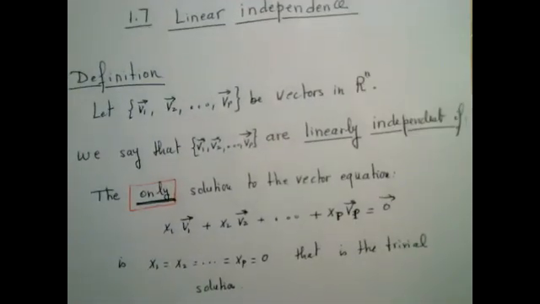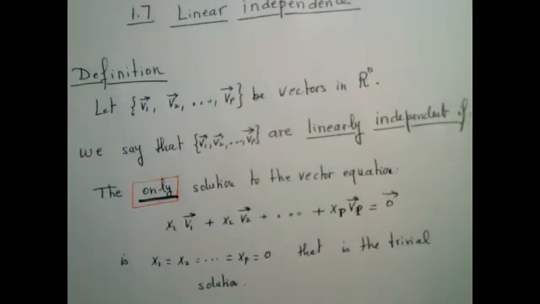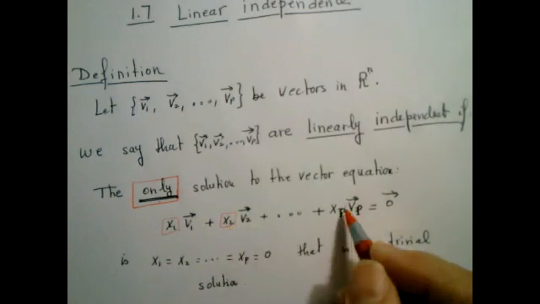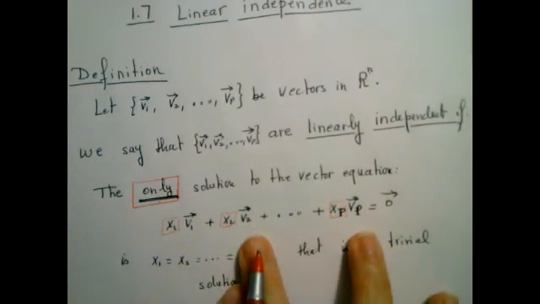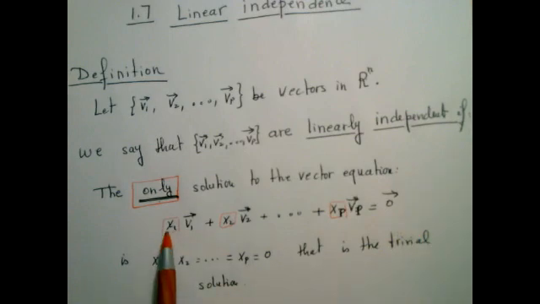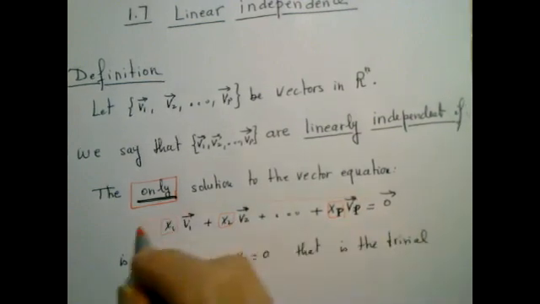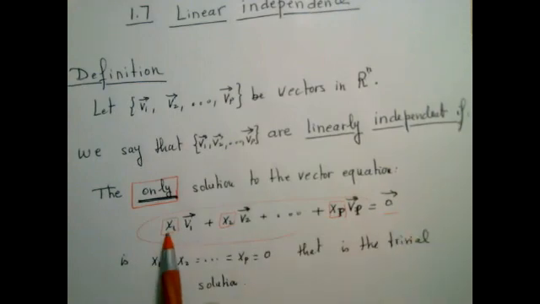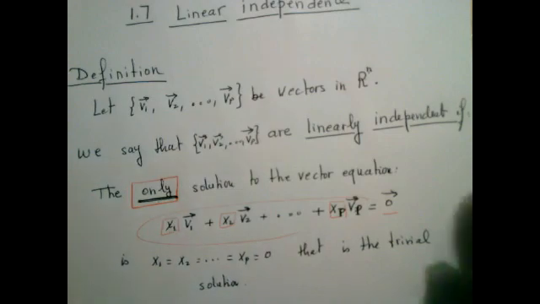So vectors are said to be linearly independent if the only weights that make the combination zero are the zero weights. The only way I can put weights here to make this sum 0 is x1 equal x2 equal ... xp equal to 0.